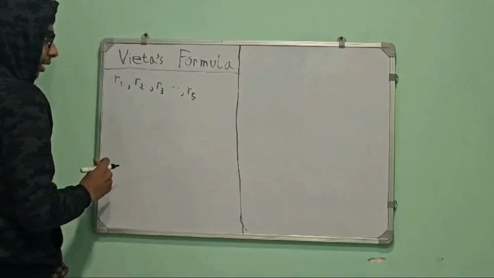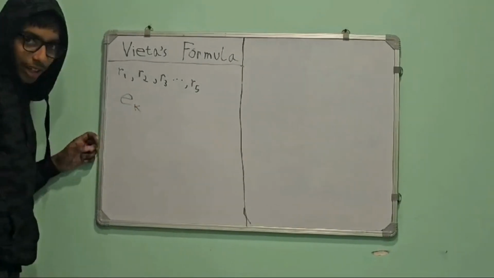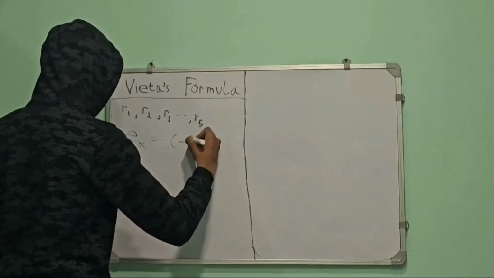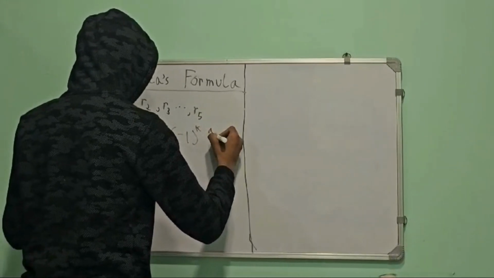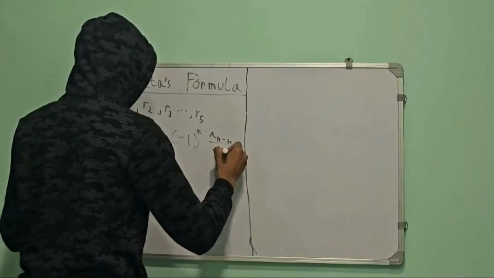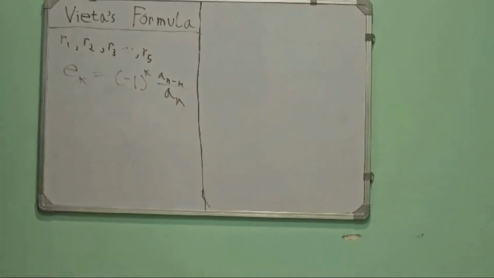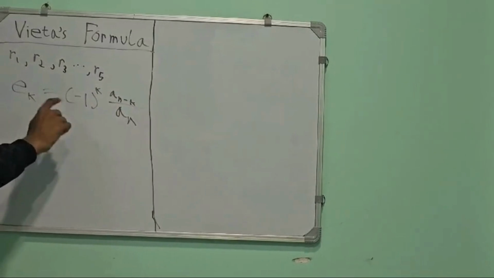Thus it states that the kth elementary symmetric polynomial is equal to this expression over here: minus 1 to the power k times a sub n minus k divided by a sub n.